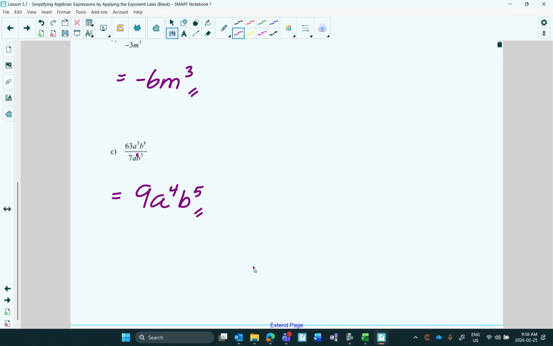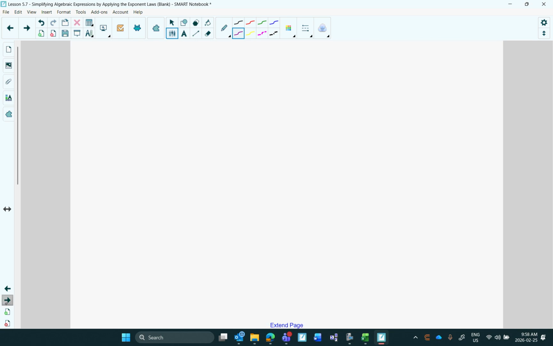The A's don't cancel each other out, because there's 5 A's getting multiplied up top, only 1 A on the bottom. If it was just A and A, they would cancel each other out. If it was A to the 5th and A to the 5th, they would cancel each other out. Good question.